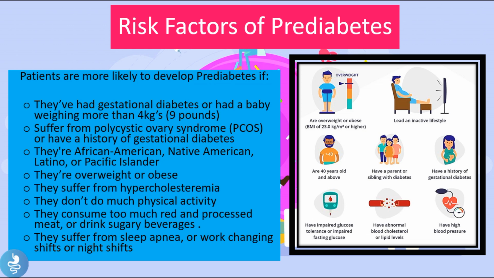They're overweight or obese. They suffer from hypercholesterolemia, which is high levels of cholesterol in the blood. They don't do much physical activity, they consume too much red and processed meat or drink too many sugary beverages, they suffer from sleep apnea or work changing shifts or night shifts.